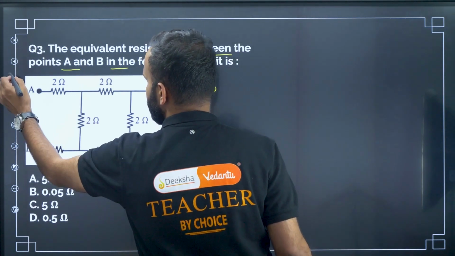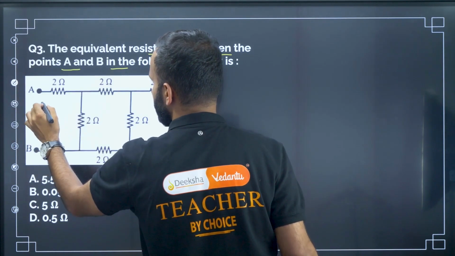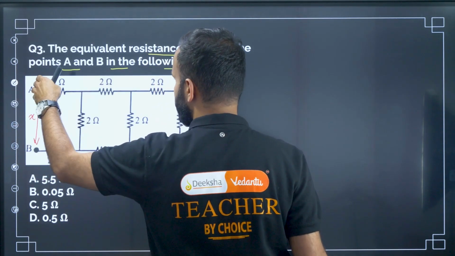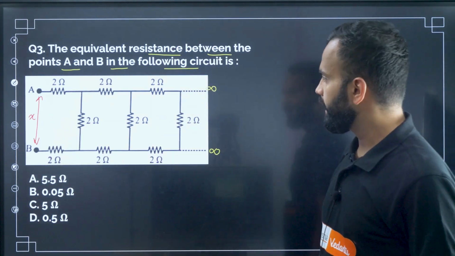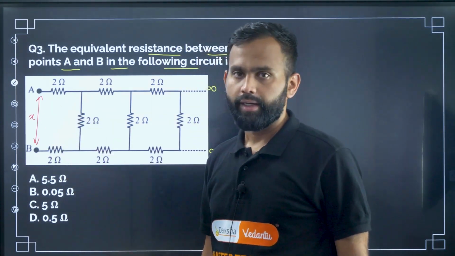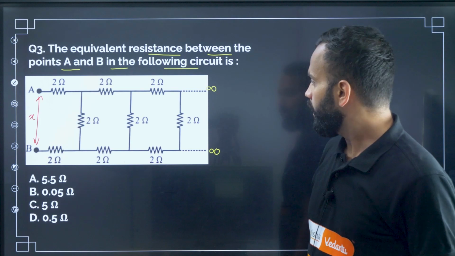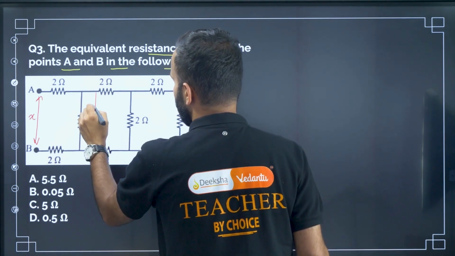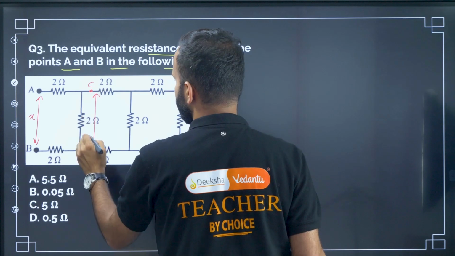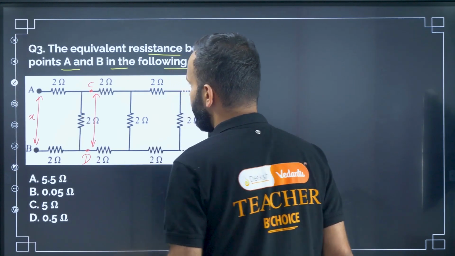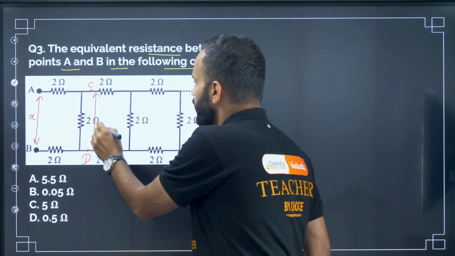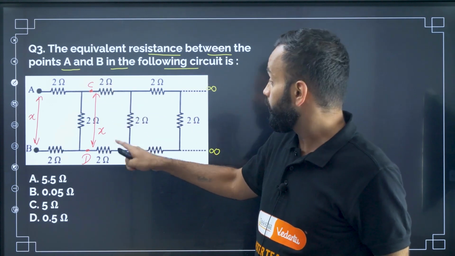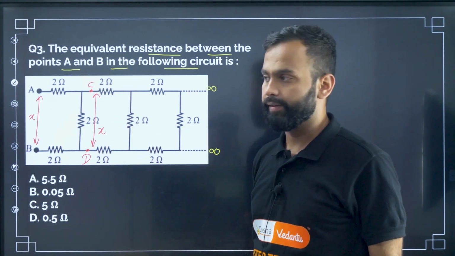Let's say X is the equivalent resistance between A and B. I can also consider X as the equivalent resistance between C and D, right?